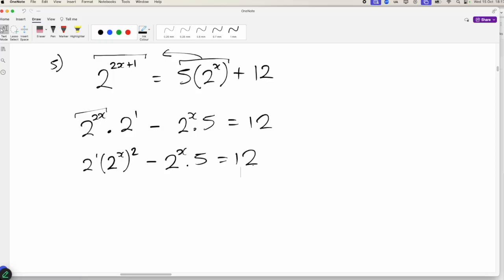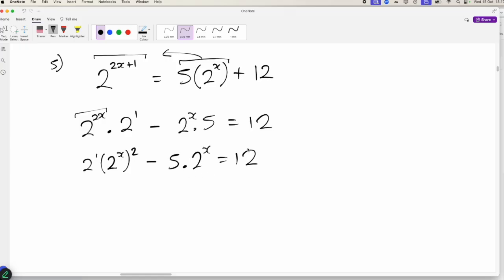So this is how we have to be able to manipulate this thing now. And this one is a very interesting one indeed. Let me just change this here. Sorry about this. But instead of 2 to the x times 5, I'll put 5 times 2 to the x.